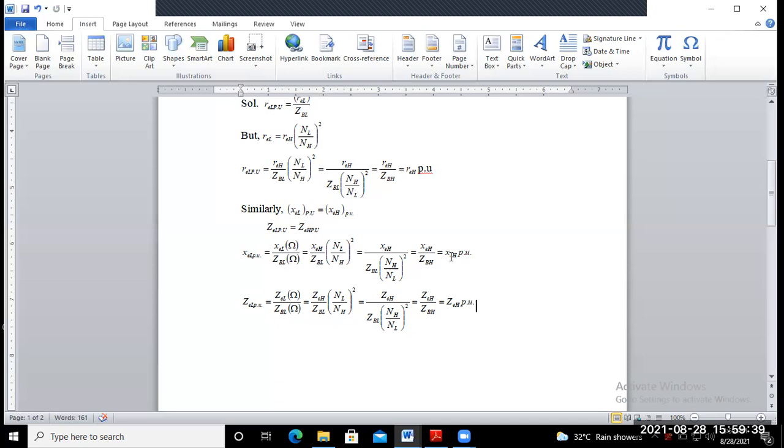So that formula we already know, if you need to convert this type of quantity in your actual power system.